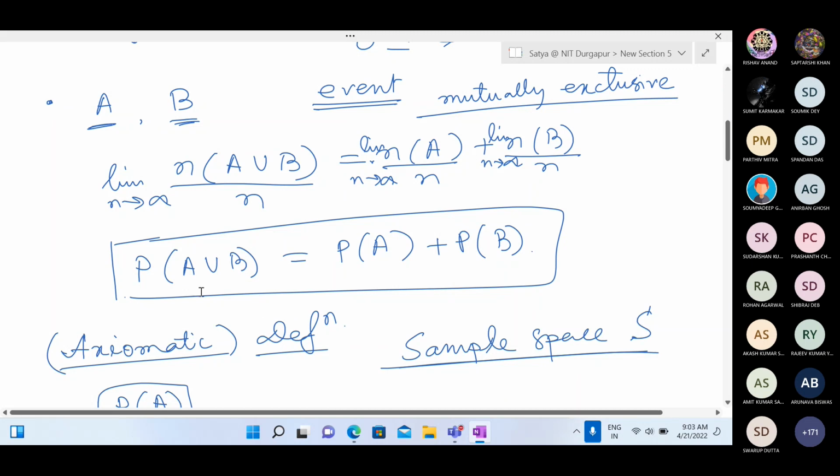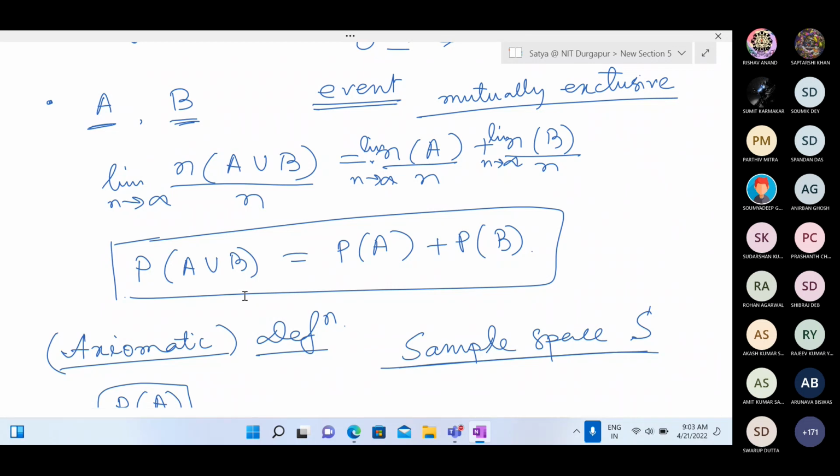So we can take one small example. Suppose we are throwing a die. A die has 6 outcomes, either 1, 2, 3, 4, 5 or 6, and any one of the 6 will come.